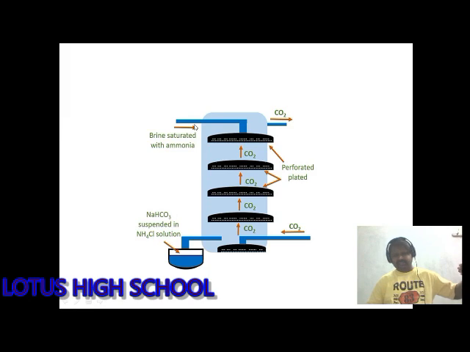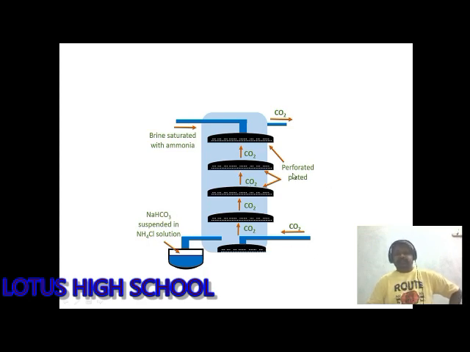The inlet tube is the one through which we send the gas inside. The outlet is the tube through which the gas comes outside. So the first chemical is brine solution saturated with ammonia, which is sent into the tube at the upper position, and carbon dioxide gas is passed from below.